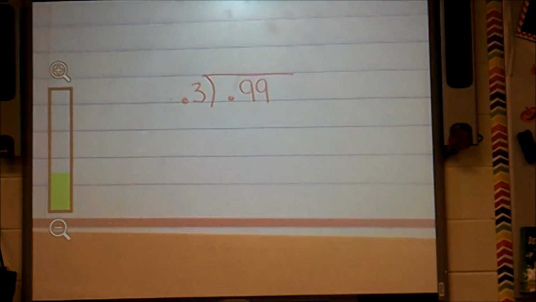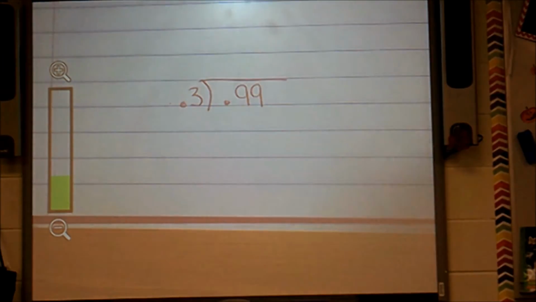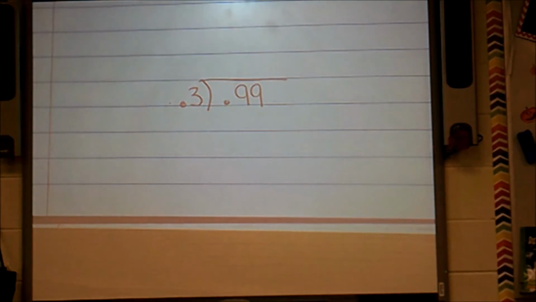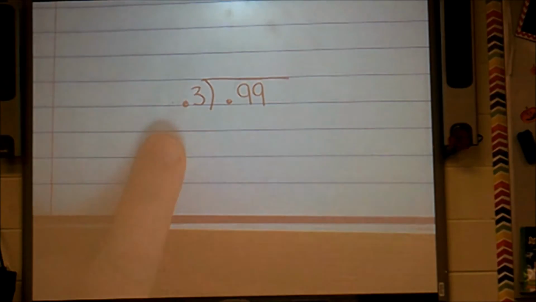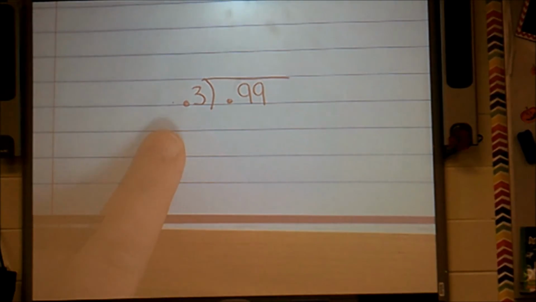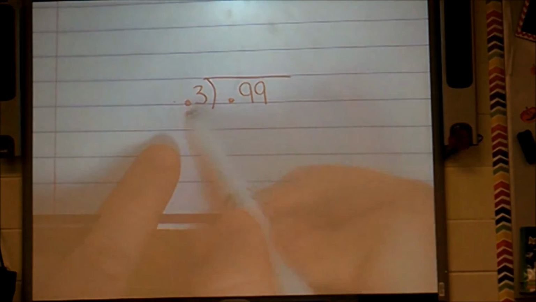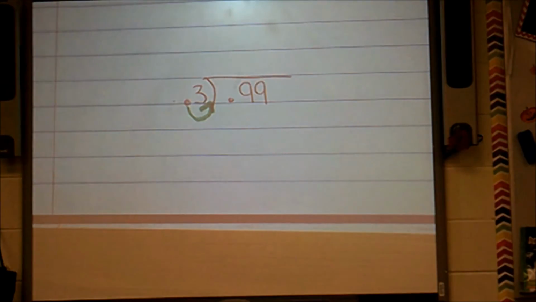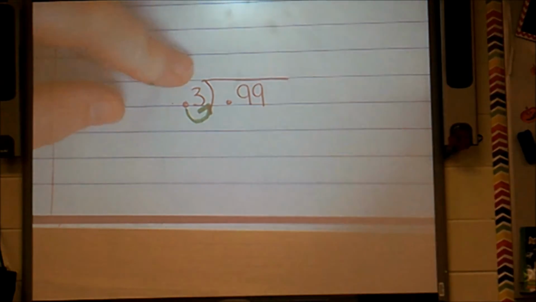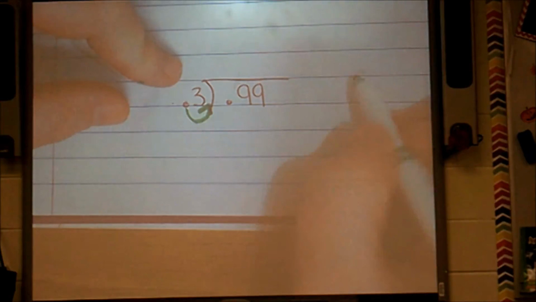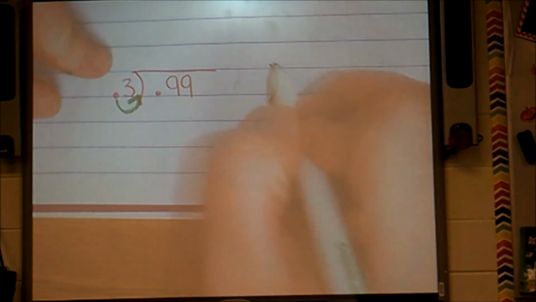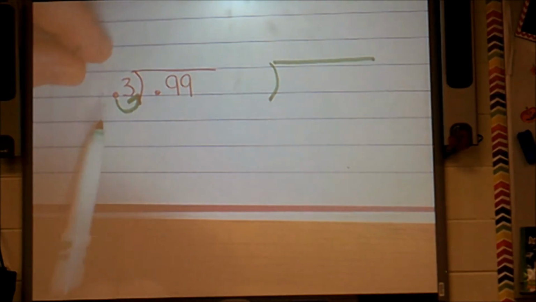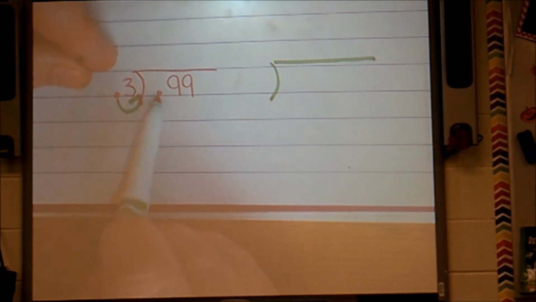Let's try this problem. 99 hundredths divided by 3/10. Just as I said before, that divisor cannot have a decimal in it. So I'm going to have to bump him one place value to the right to get rid of him. But what I do to the one piece, I have to mimic on the other piece.